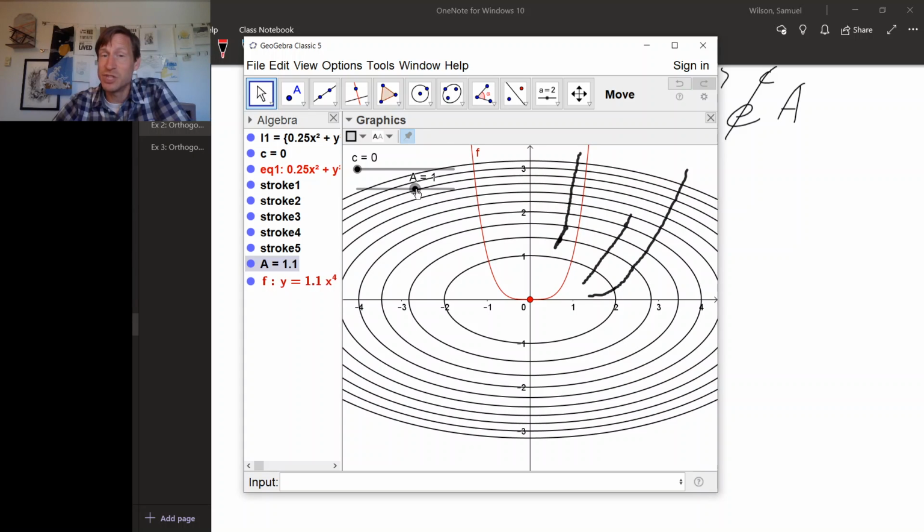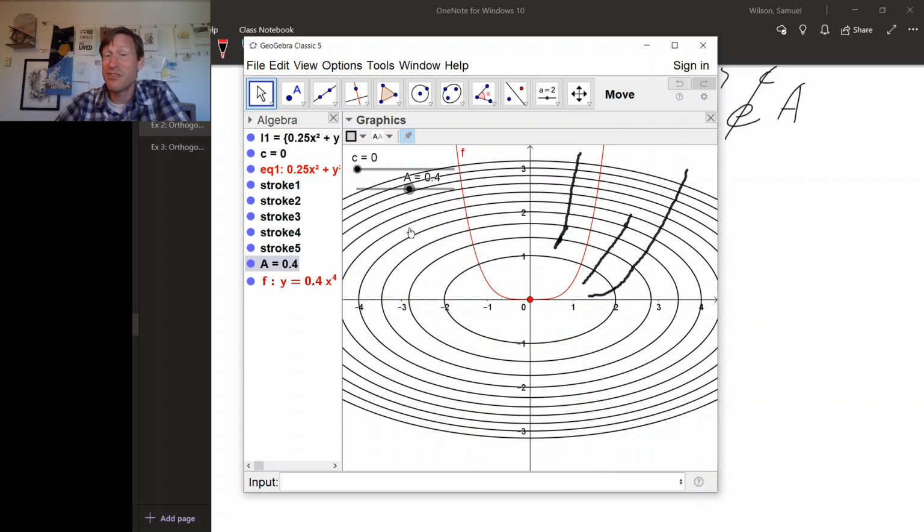In fact, even as we change the value of a, so that our quartic function is changing here, all of these quartics are perpendicular to all of these ellipses. Even when a is small and the quartic is very wide, it's still perpendicular everywhere. And even when a is negative, it flips down to the negative half plane. All of these are also perpendicular to all of those ellipses.